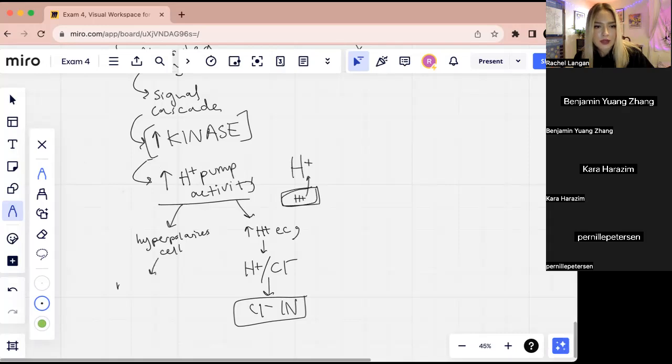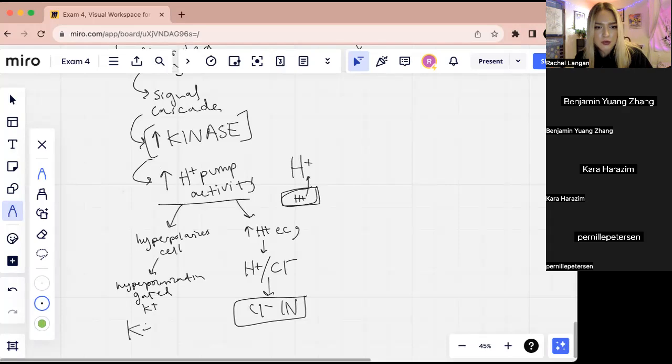That will activate hyperpolarization gated potassium channels. And it just so happens that at that membrane potential, the electrochemical gradient for potassium is inward too.